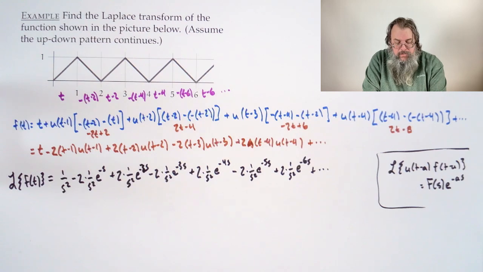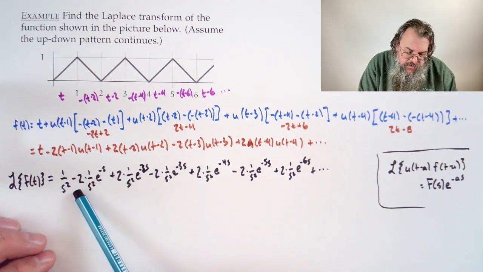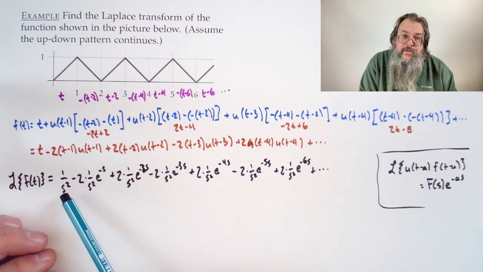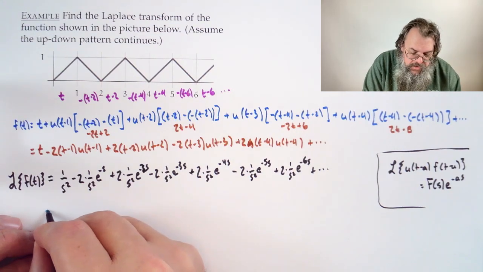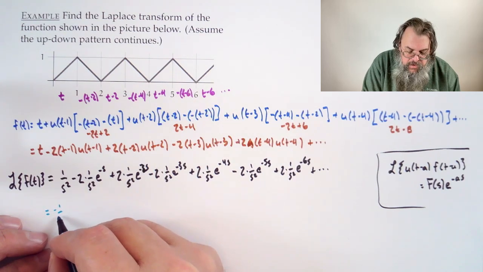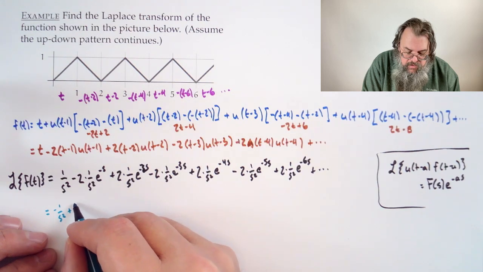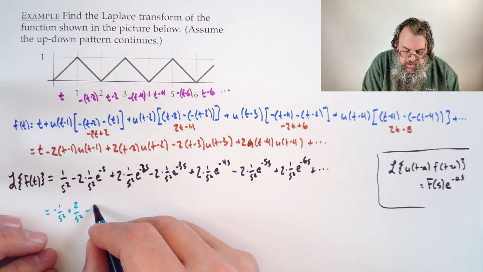And we say, okay, well, what are some things we could do? Well, here, everything has a 2 except, of course, this first term. We kind of like the first term to be like a 2. So, okay, we can fix that. So let's think of this as minus 1 over s squared plus 2 over s squared, and so forth and so on.